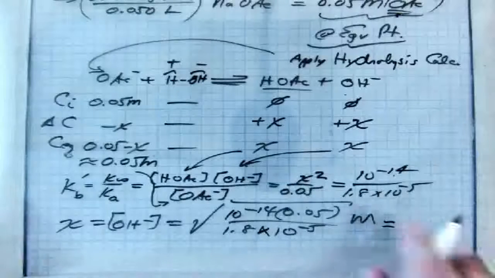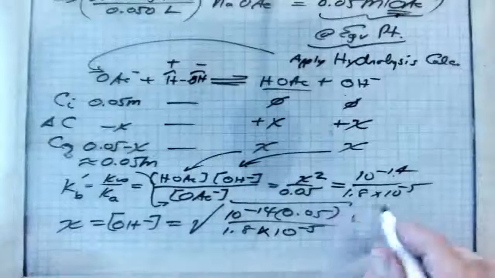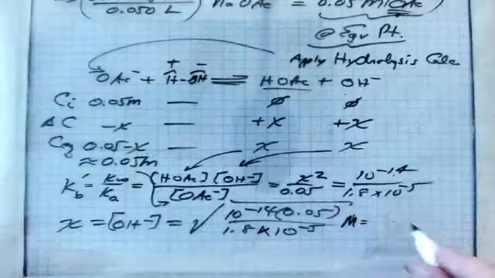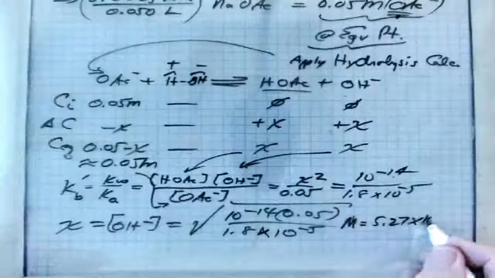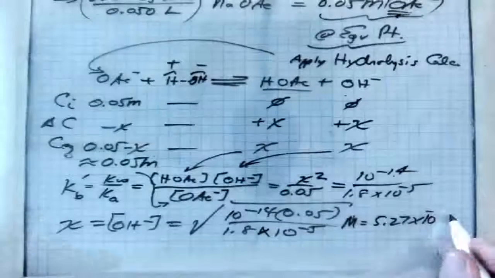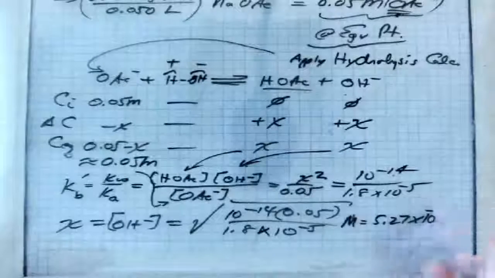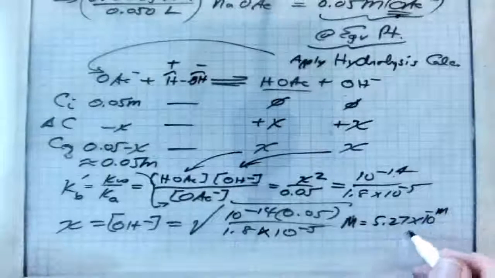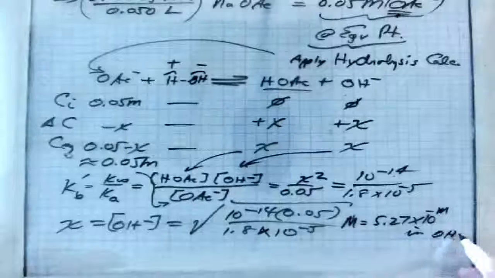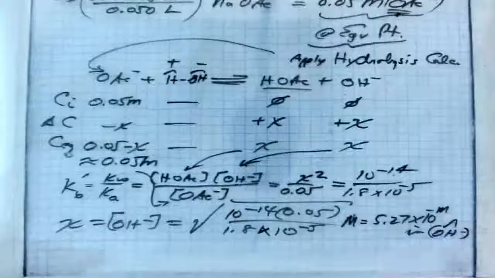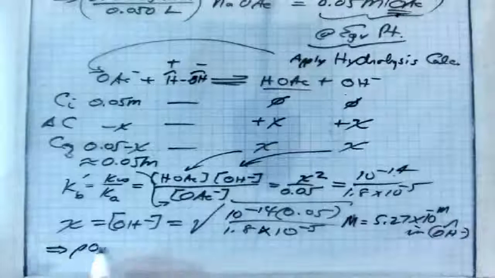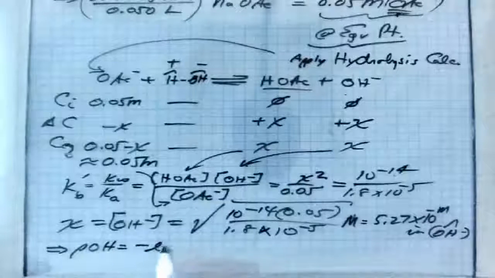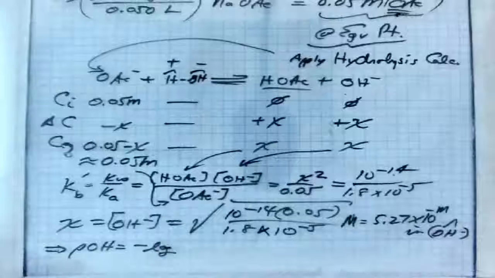So we're now at 5.27 times 10 to the minus 6 molar in OH ions. Okay, now I just go straight into the pOH and then the pH at the equivalence point.